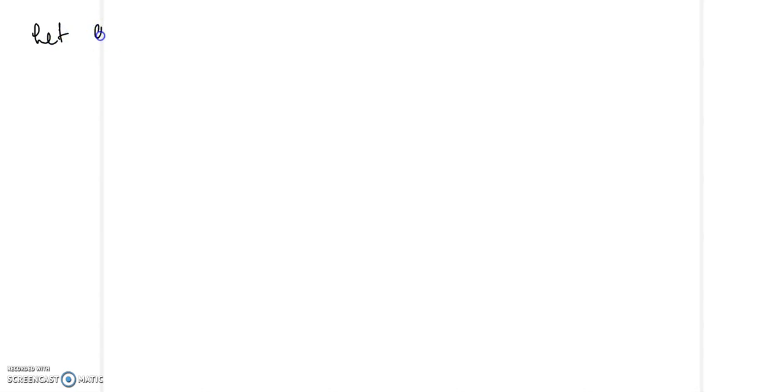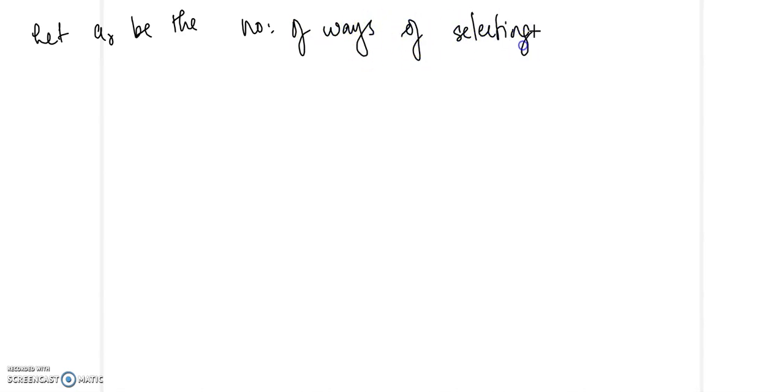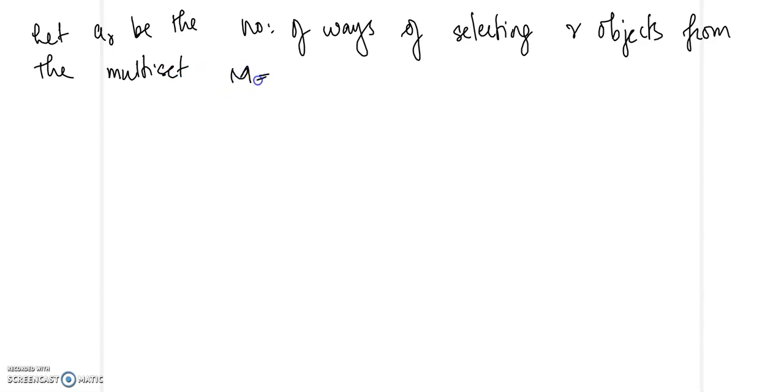So let a_r be the number of ways of selecting r objects from the multiset M equal to {∞·b1, ∞·b2, and so on up to ∞·bk}.